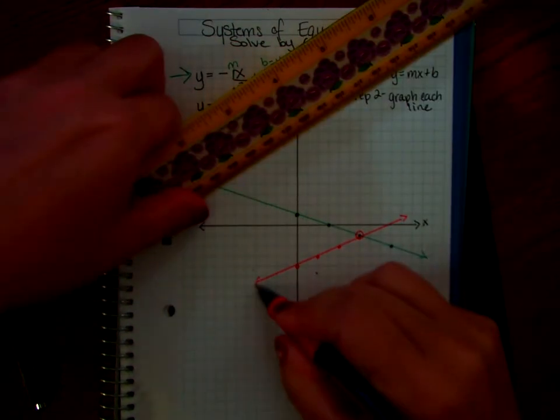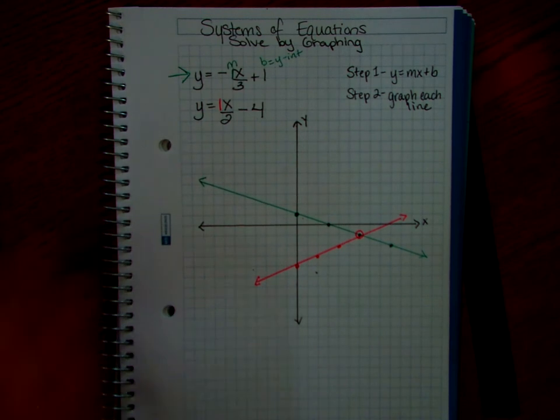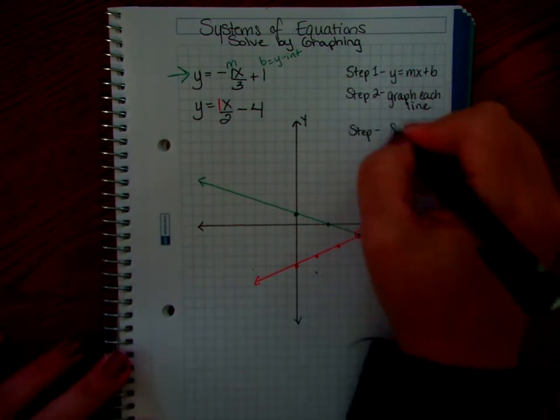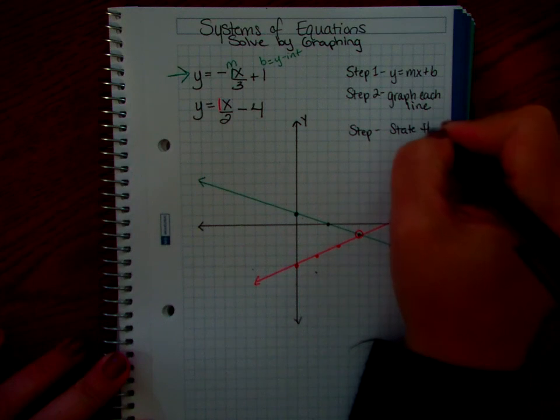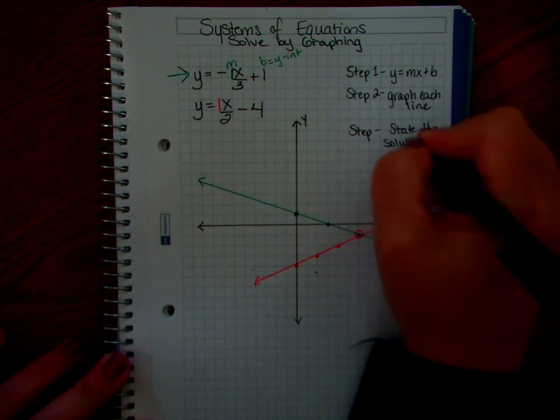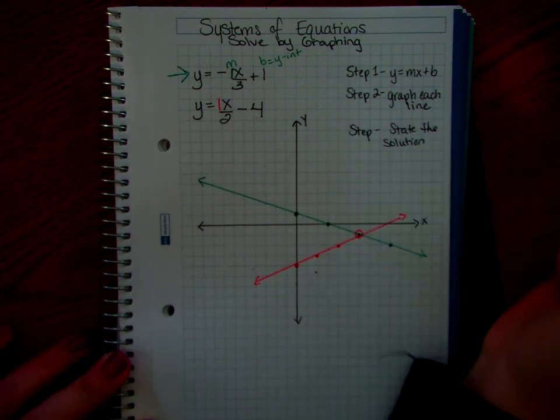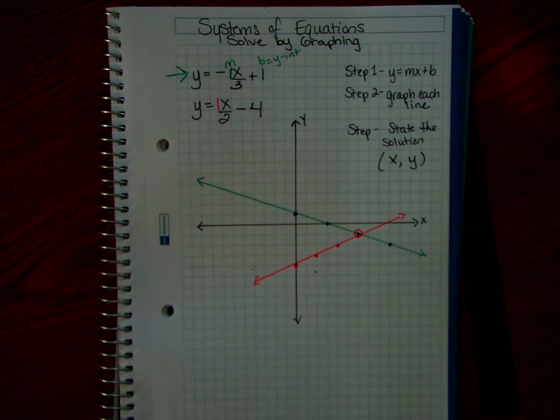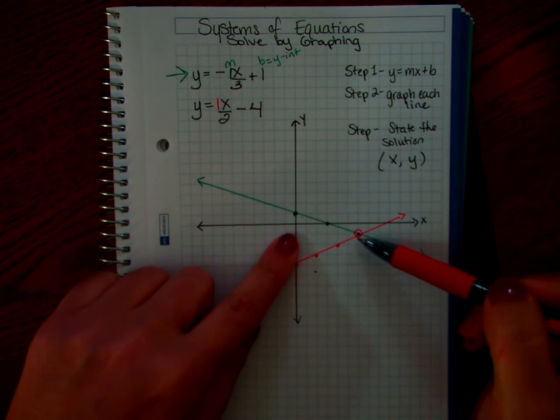Now, our third step is to actually state the solution. Now, the solution is the point. So your solution has an x value and a y value, okay? So what is the x value of this point?